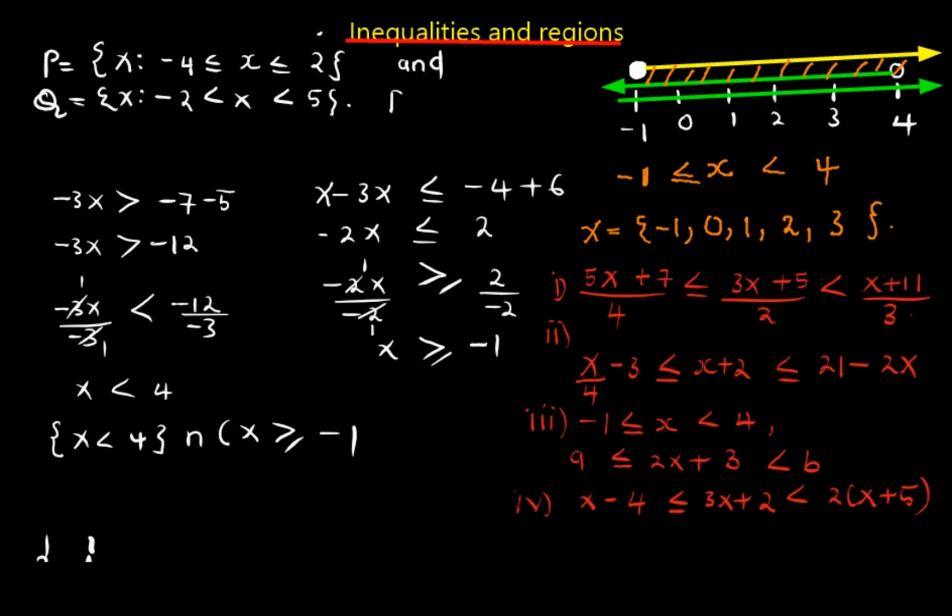Represent P intersection Q on a number line and state P intersection Q. I'm repeating. Given that P is a set of values of x such that x is between -4 and 2, but -4 is inclusive, and set Q is a set of values of x such that x is between -2 and 5. Represent P intersection Q on the number line.